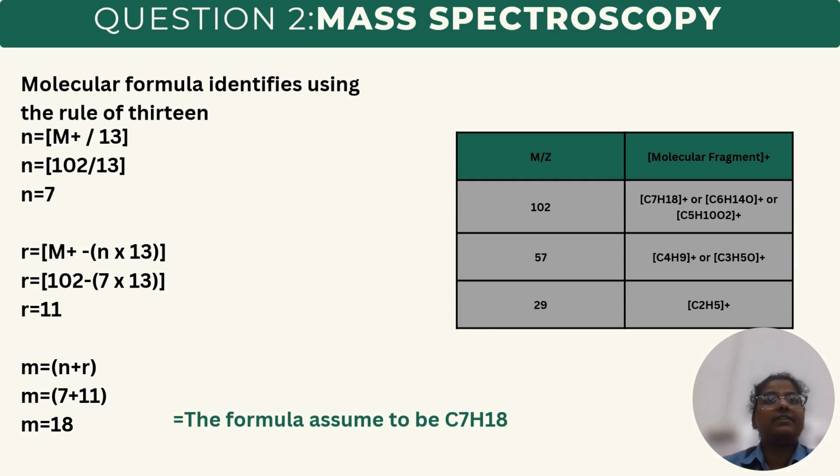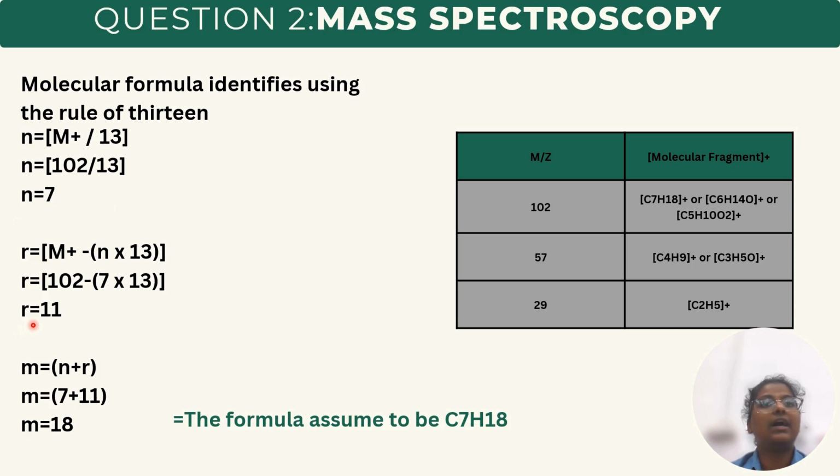So for the molecular identification, we have to use the rule of 30, where there is no given molecular formula. We have to assume a molecular formula by using the rule of 30. So for the rule of 30, we know N equals the molecular weight divided by 30. From that we got 7, with some remainder.